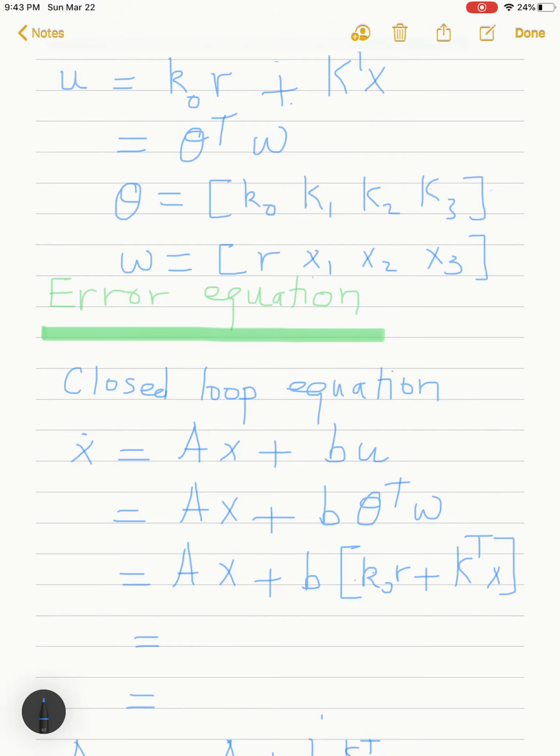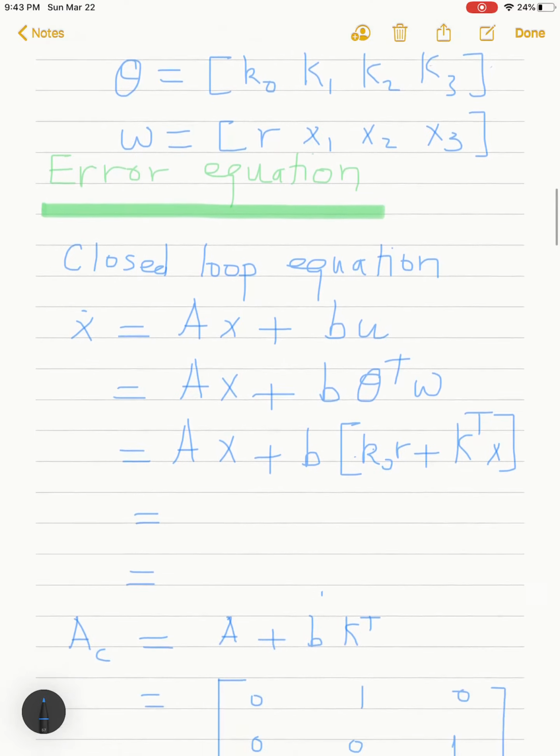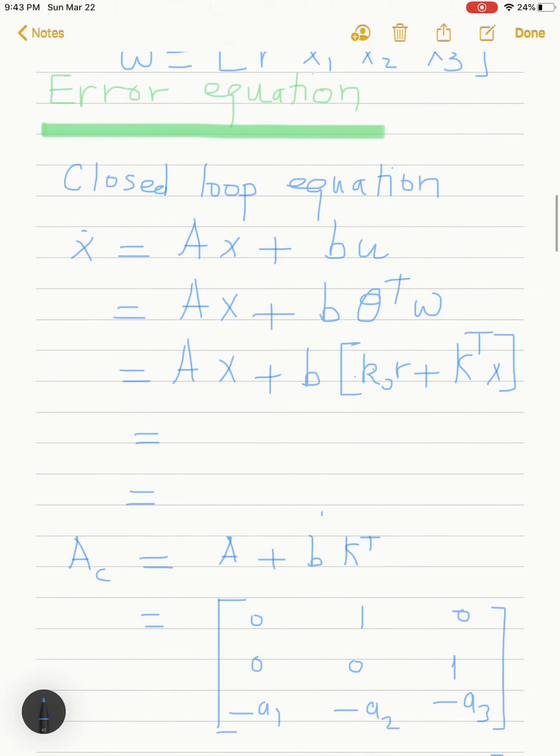I will combine terms that include the state vector together, so that will give me A plus B k transpose times x plus B k naught r.